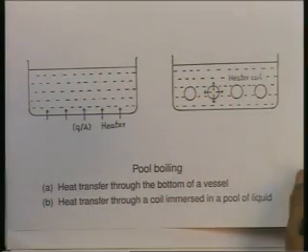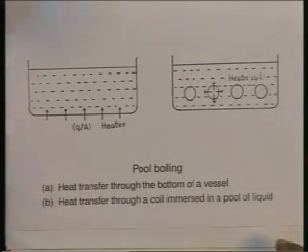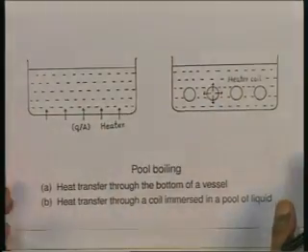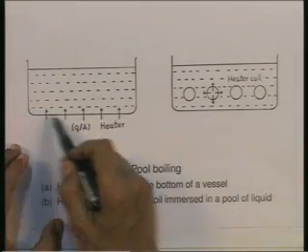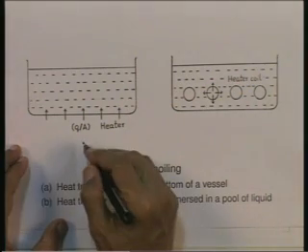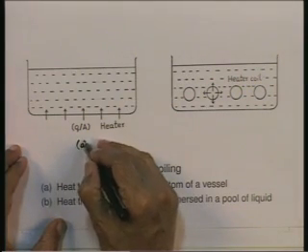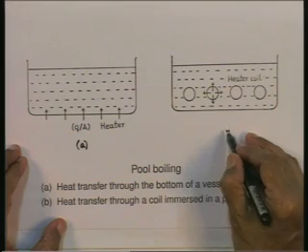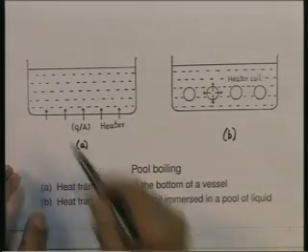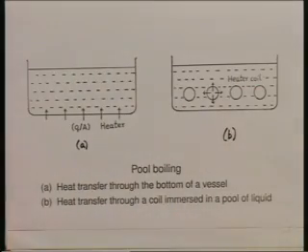Here are two examples of boiling which could take place. Here is a vessel, this is figure A, and this is figure B. In figure A, here is a vessel containing a liquid, could be water or any other liquid, at some pressure. Obviously, corresponding to that pressure there would be a saturation temperature T s. The liquid may be at a temperature lower than T s, mind you, it does not have to be at the saturation temperature.